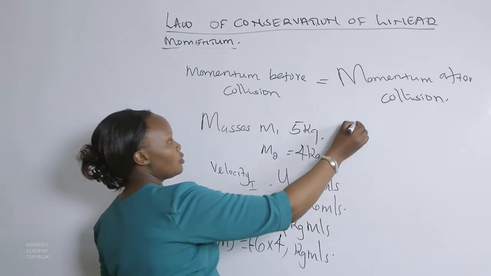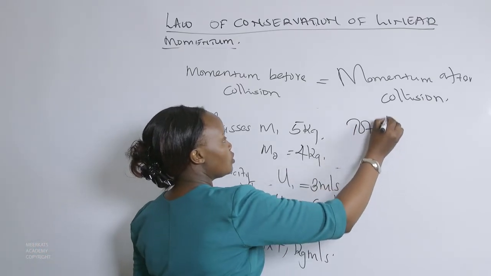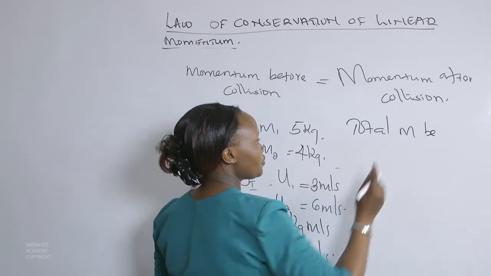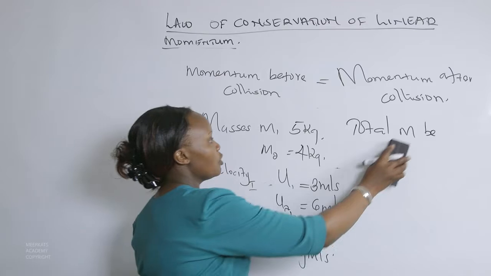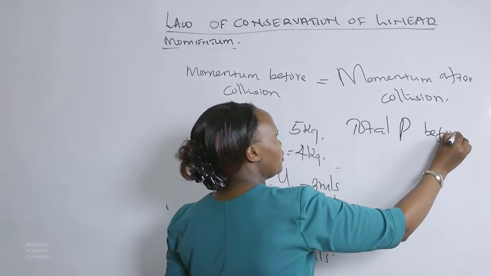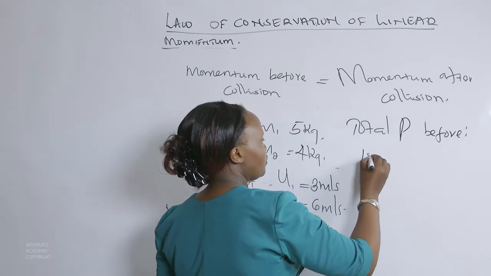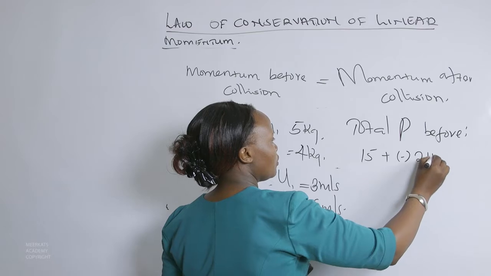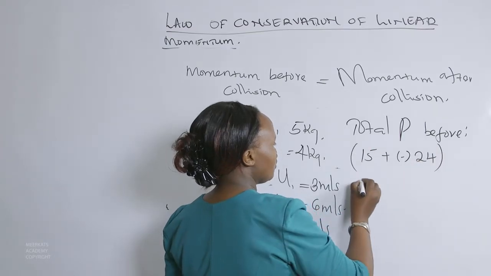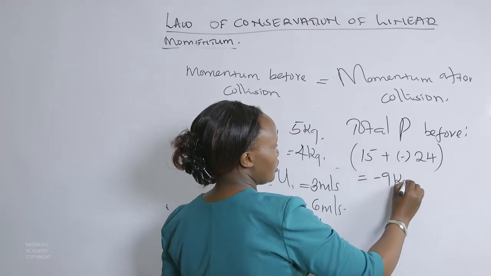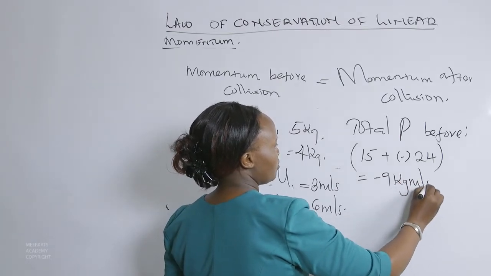Therefore, total momentum before will be given by 15 plus negative 24, which gives us negative 9 kilograms meters per second.